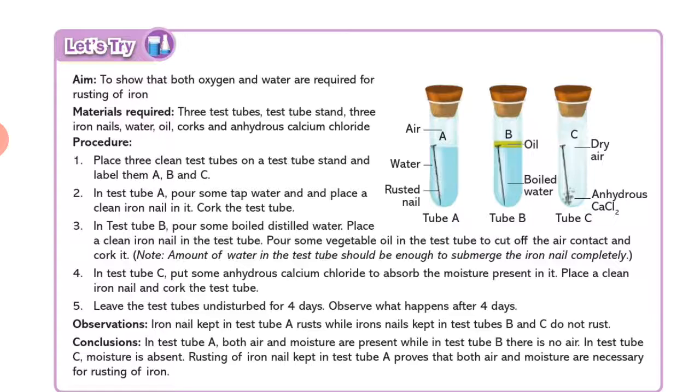In test tube B there is no air. In test tube C there is no moisture present. The rusting of the iron nail in test tube A proves that both air and moisture are necessary for rusting of iron. Got it?